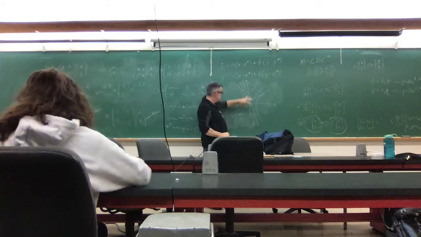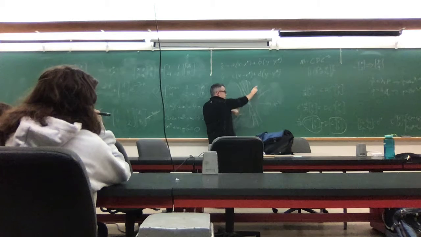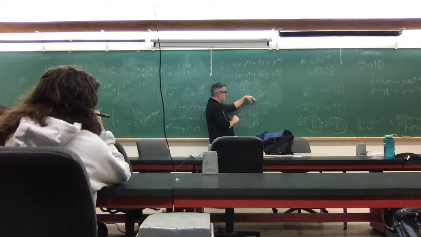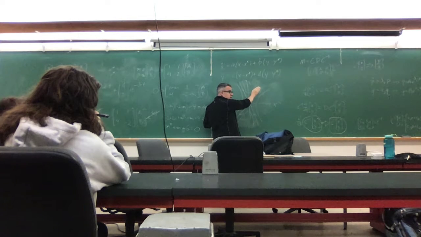So the eigenvector directions are telling us what the pure falling in or pure going out directions are in XY space. The eigenvalues are telling us the rate at which we go in or go out. And the mapping in between is just kind of following the flow in between.